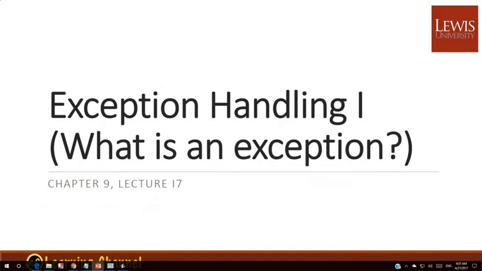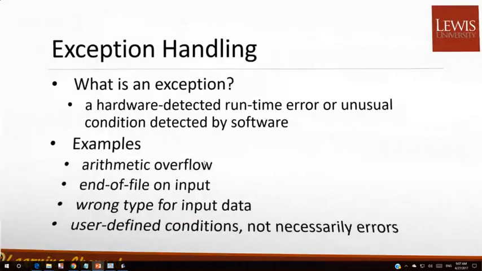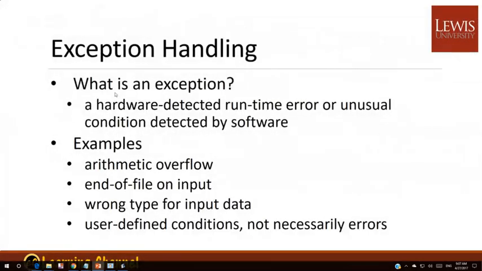And what is an exception? An exception is something that occurred that needs special treatment. An exception is a hardware-detected runtime error or unusual condition detected by software. And this software actually means the Java virtual machine or the system OS.